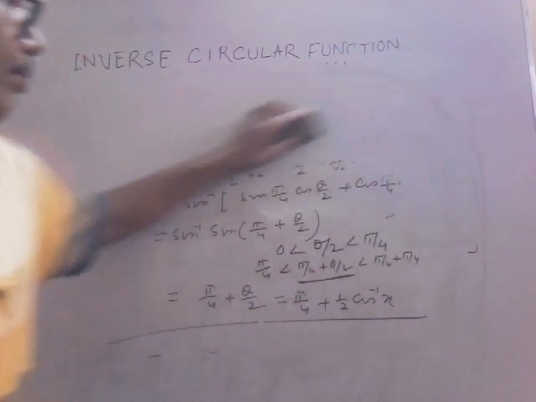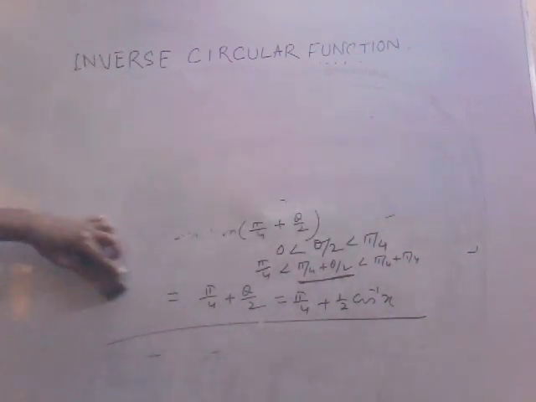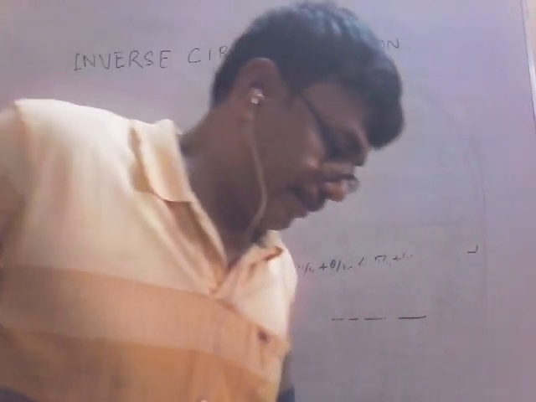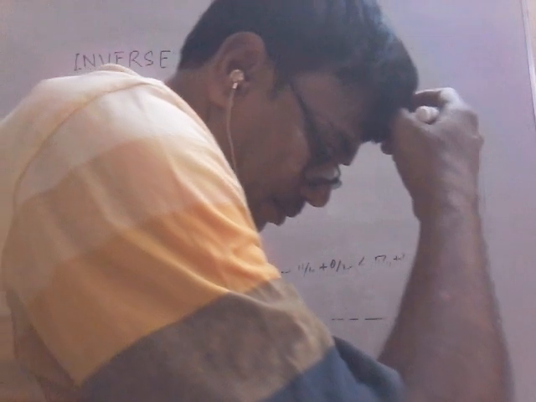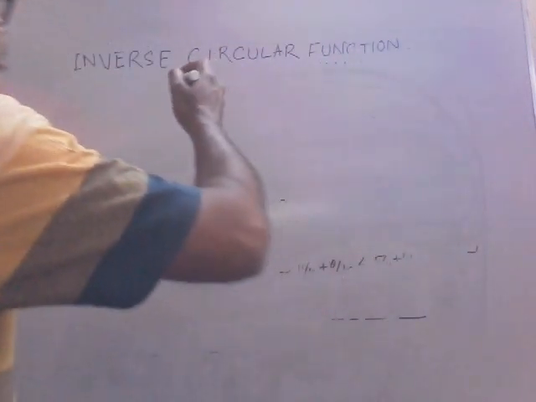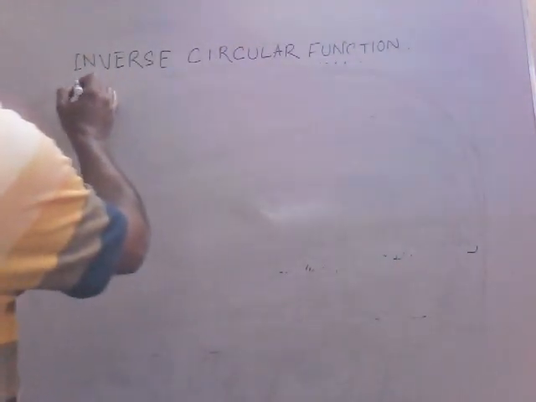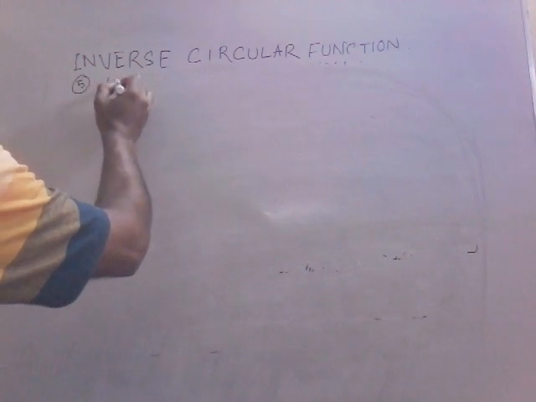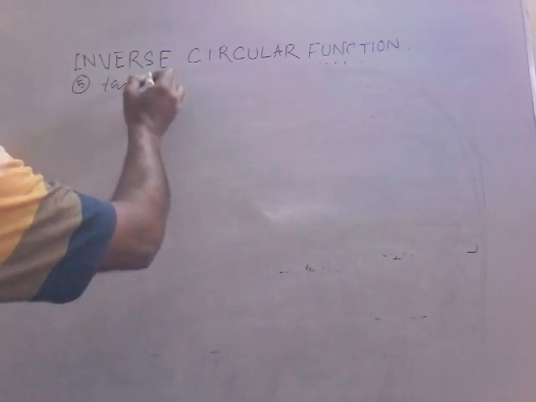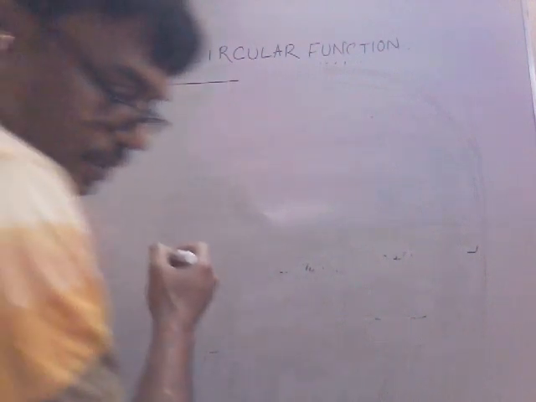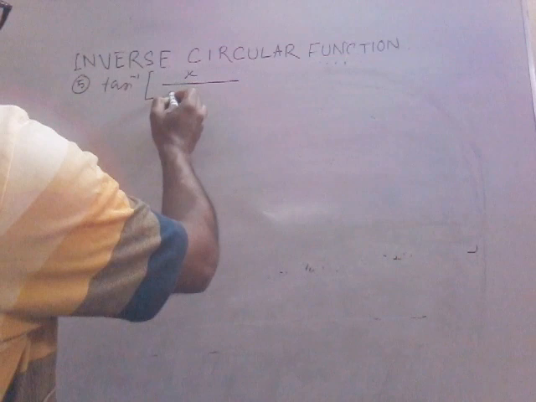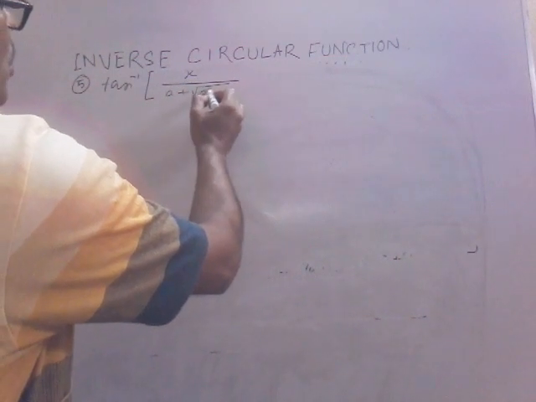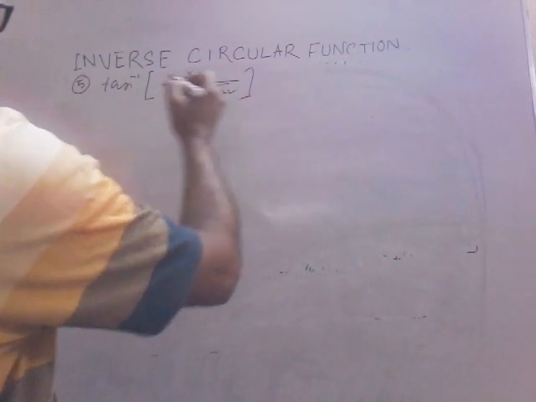Next, write some problems. Simplify. Tan inverse of x by a plus root over a square minus x square.